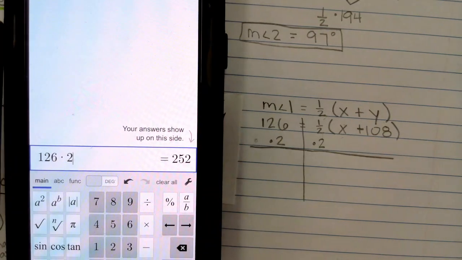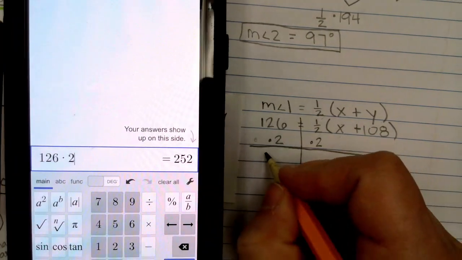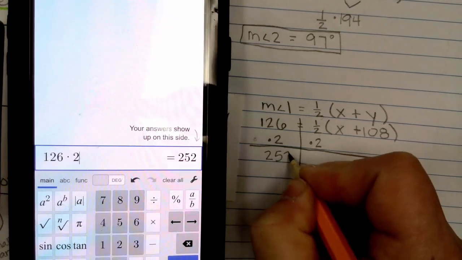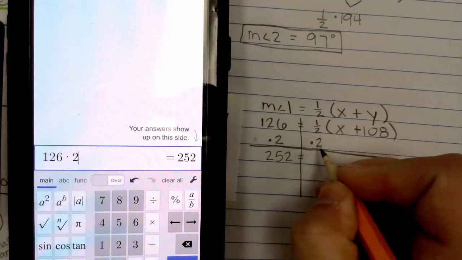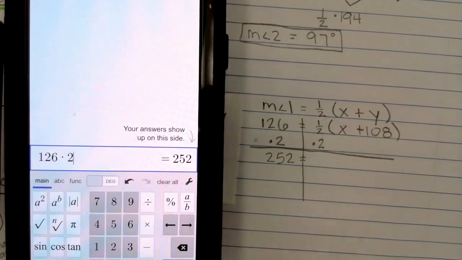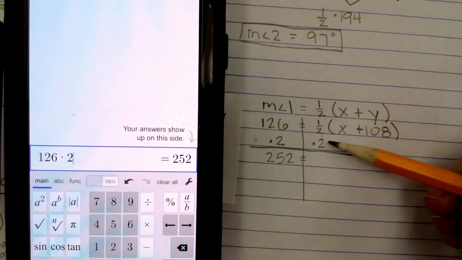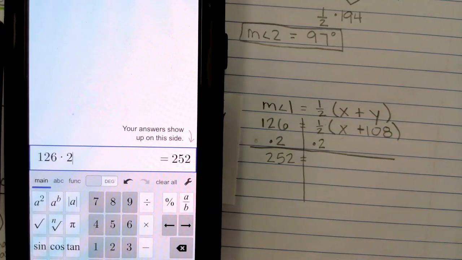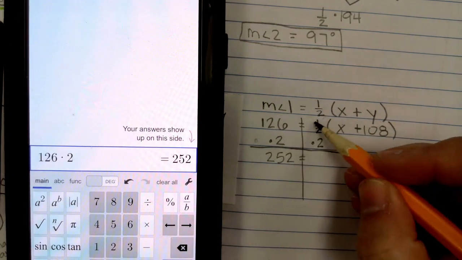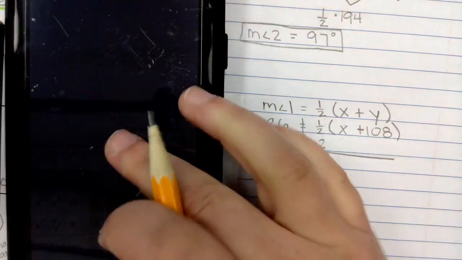And now, this is a good question. When Yusuf asked, how did we get there? What's half of 2? 1. And do I need to write 1 times x plus 108? No. So that really undoes that 1/2 when we multiply by it. So I'm really left with what's in the parenthesis, and we're left with x plus 108.